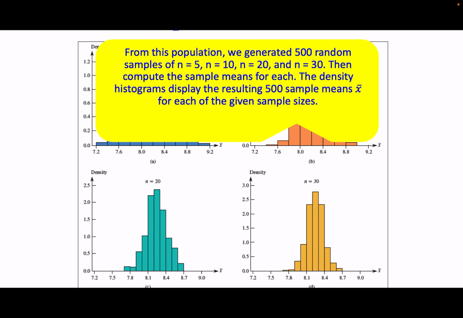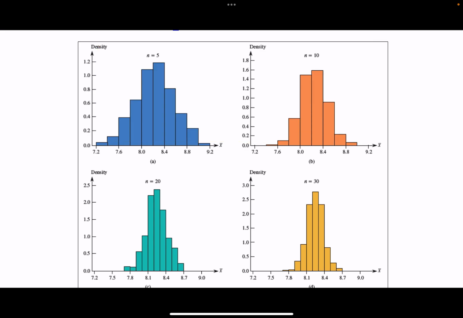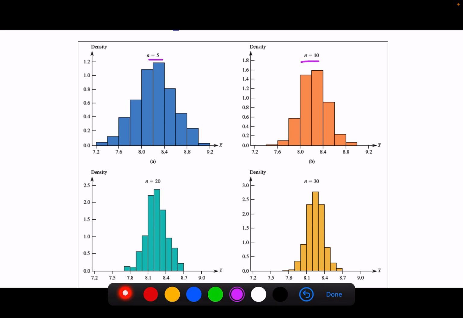So, okay. From this population, we generated 500 random samples of size N of 5, 10, 20, and 30. Then we computed the means of each and displayed the density histogram, resulting in 500 sample means. The mean for each is given by the sample size. So if we look, we have a density here for 5, for 10, we have groupings of 20, and we have groupings of 30.